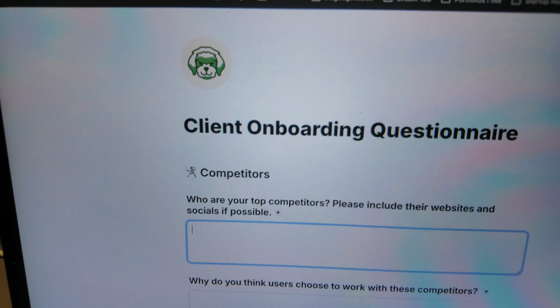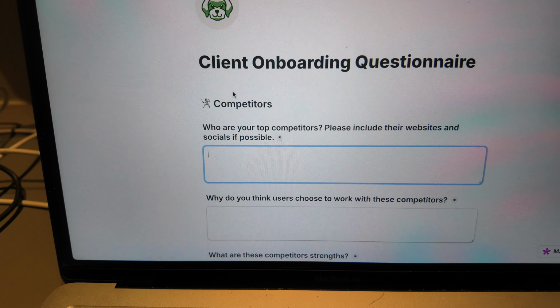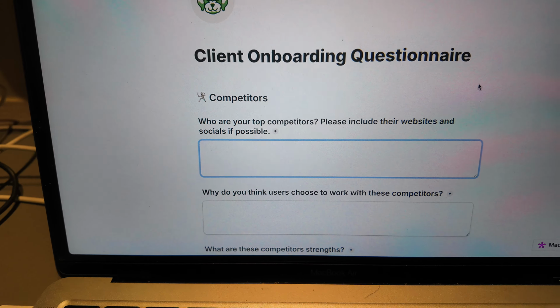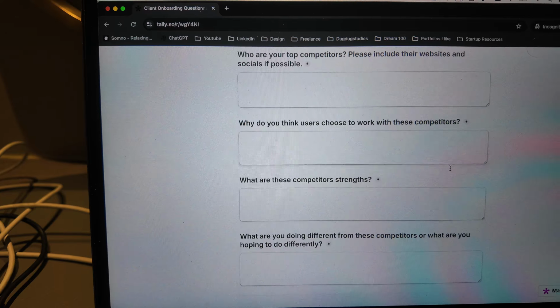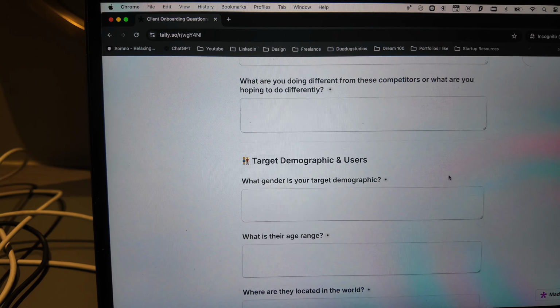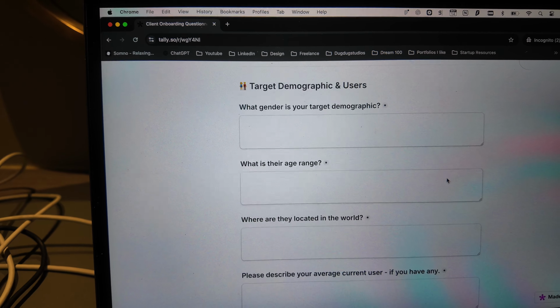So let me quickly show you what that is so you can better understand what that process is for onboarding the client. For onboarding client questions, we basically go through this and ask, who are their competitors? I go through and ask most questions of this, and then I understand their target demographic and users.